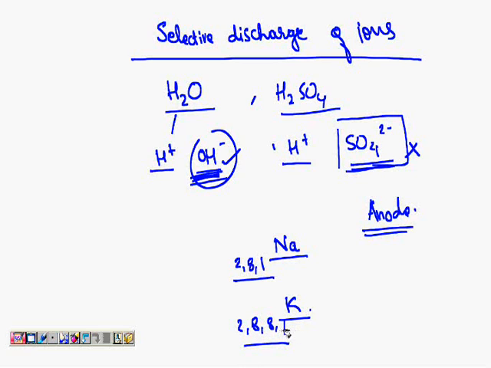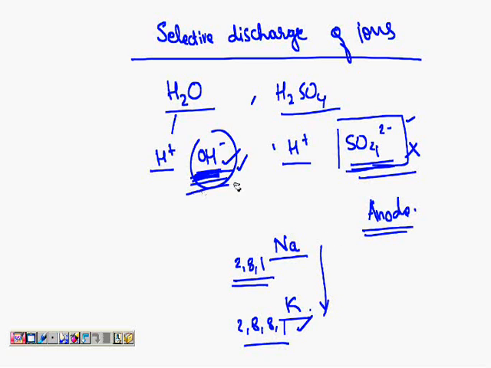Potassium. As you go down the group, reactivity increases, in alkali metals. So potassium loses electrons more easily than sodium. In the same way, out of these two, OH minus loses electrons more easily than SO4 2 minus. Therefore, it's their natural ability.